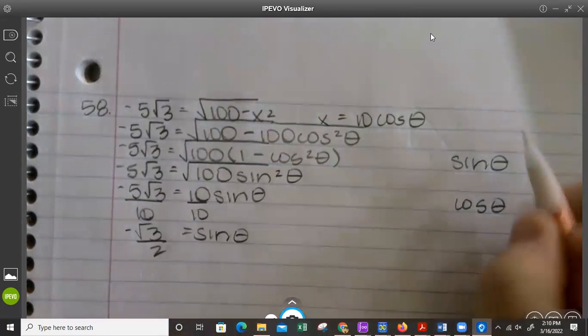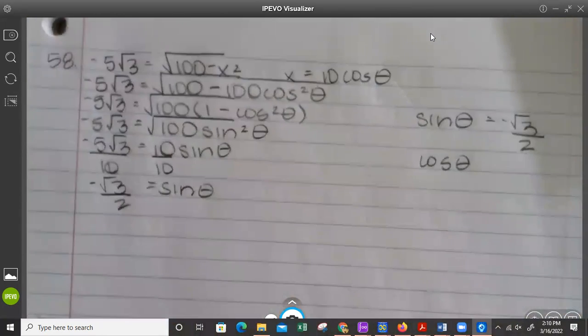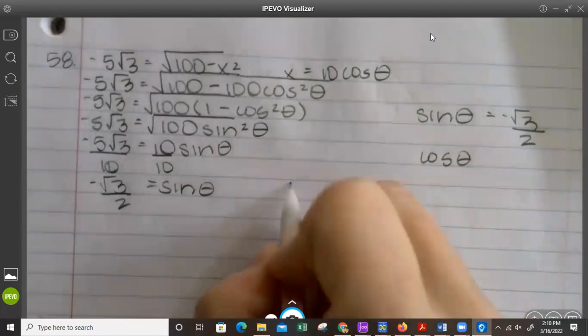So there's your sine. How would I be able to get my cosine if I just have sine? Do what? Yeah, that's exactly what you do. Perfect.